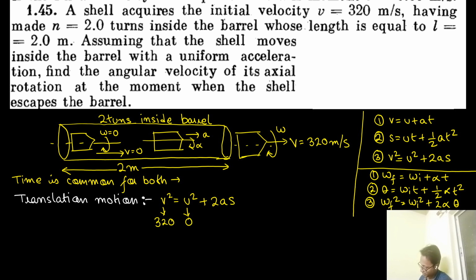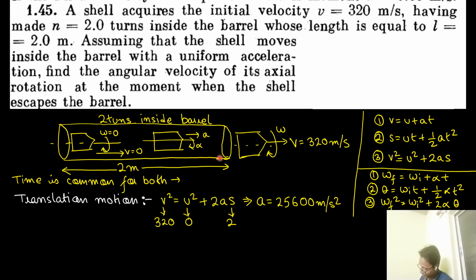What is the acceleration? I don't know. What is the distance? Distance is nothing but 2 meters. When we solve this, we get the value of a to be 25600 meters per second square.